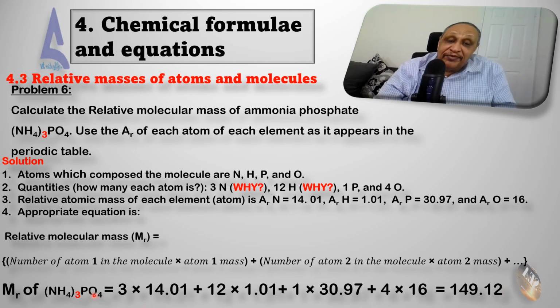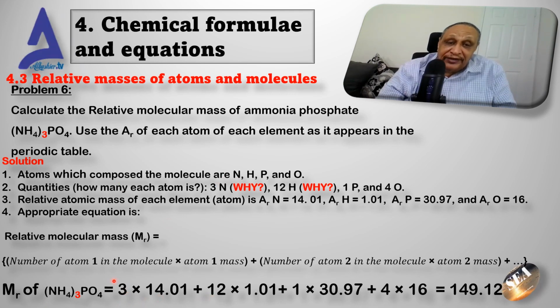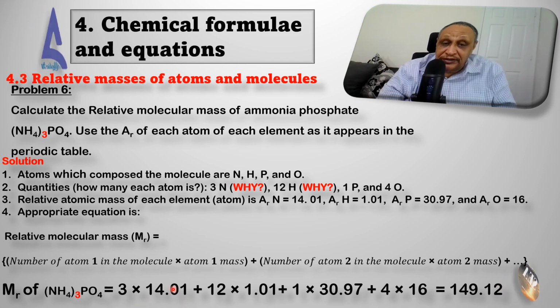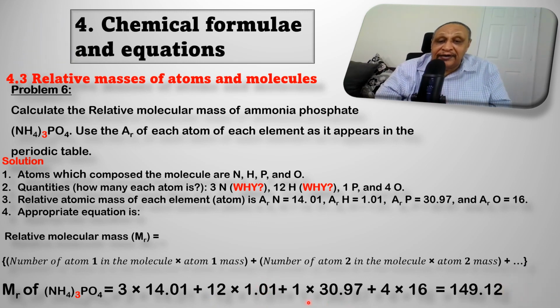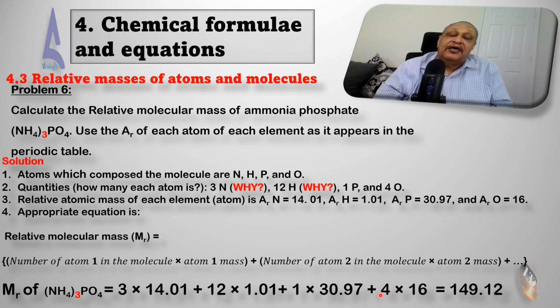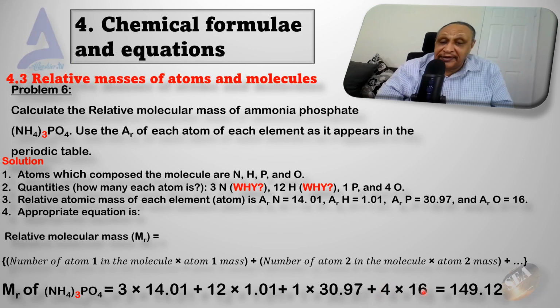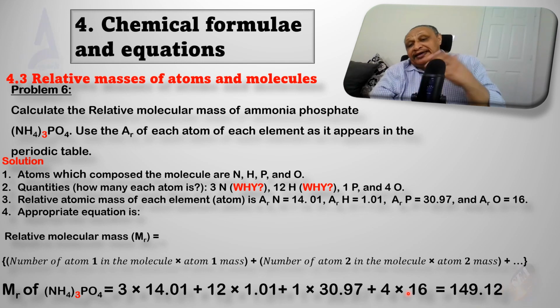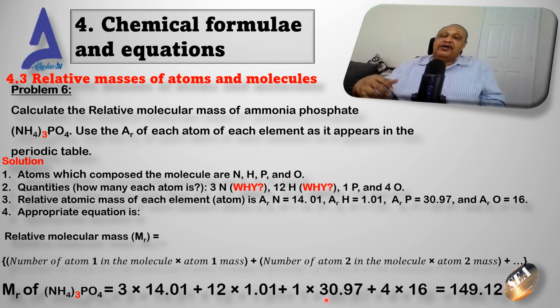Then I'm going to compensate each one. 3 of the nitrogen multiplied by its mass, 14, 12 hydrogen atoms multiplied by their mass, then one atom of phosphorus multiplied by its mass, and four atoms of oxygen multiplied by their mass, and then the calculation is going to be 149 plus.